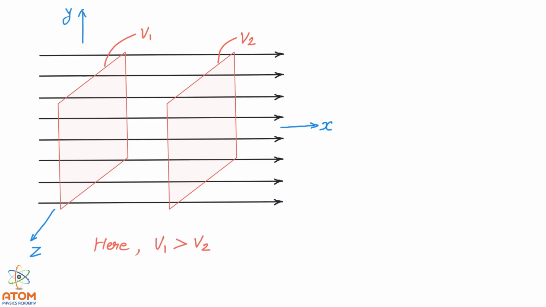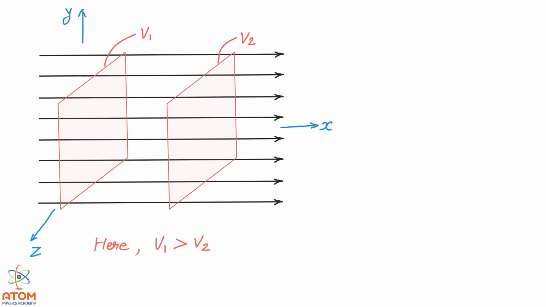And if I bring unit positive charge from infinite to this plate, then here also I have to do work against the electric field, but the work will be more because here the electric field is in x direction and I am moving this charge. So in that case I have to do more work in the first surface. That's why the potential V1 will be more than V2.